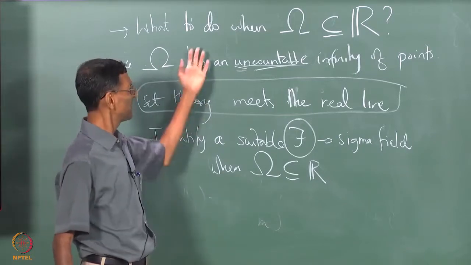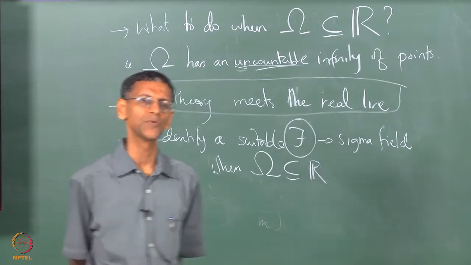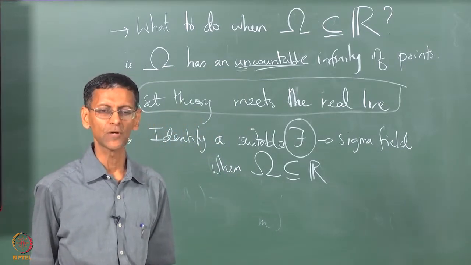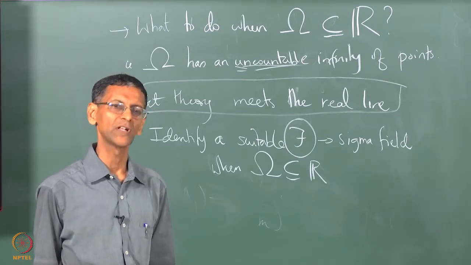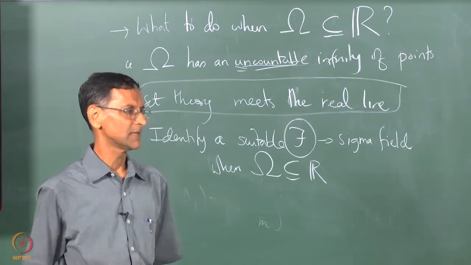And also he gave examples of omega being a portion of the real line. Spinning pointer is the most commonly encountered, one of the simplest things to look at. And also you can think of, as I said in the first lecture, darts, either 2D or 1D.